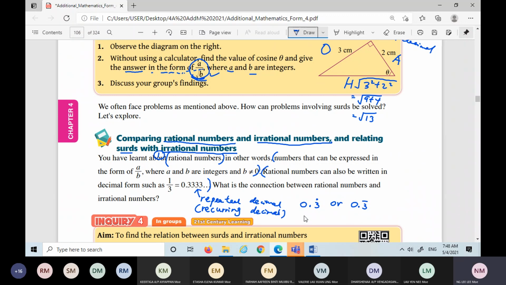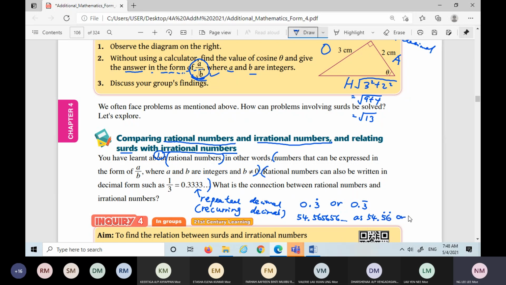Okay, this is for 0.3333. I give another example, 54.565656 dot dot dot. How do you write this? It is 54.56, because 5 and 6 are repeating, so you put the dot on top of the 5 and the 6.